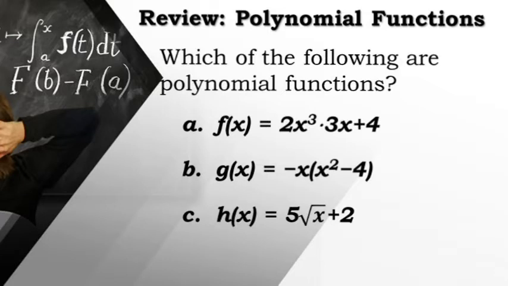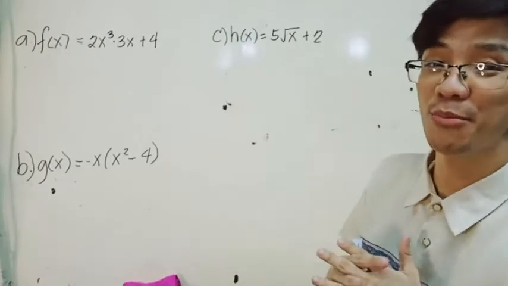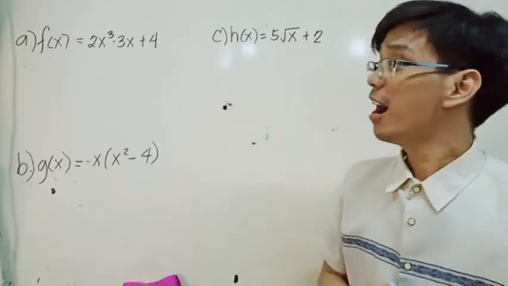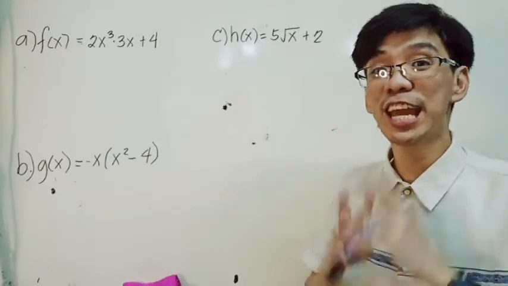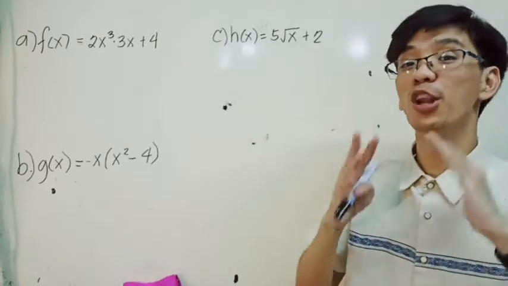Which of the following are polynomial functions? To show if these functions are polynomial functions, all we have to do is simplify the function and transform it into the general form of the polynomial function.